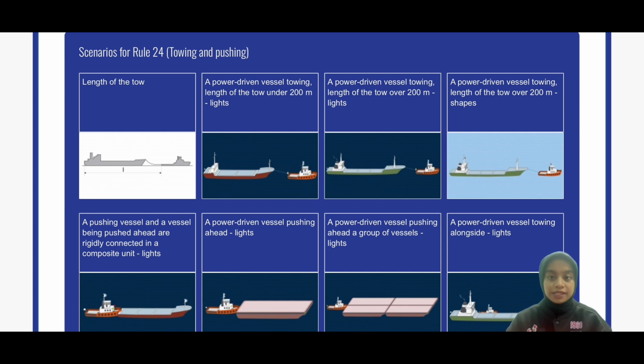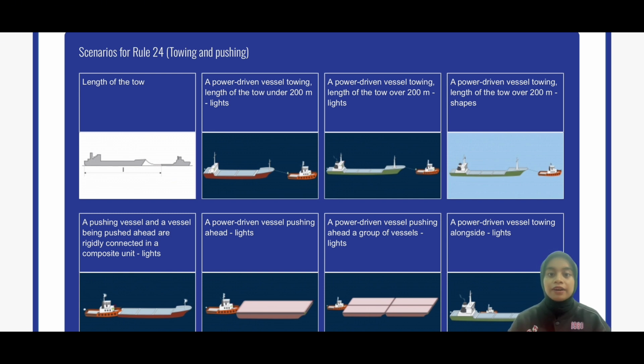A power-driven vessel, when pushing ahead or towing alongside, except in the case of a composite unit, shall exhibit, instead of the lights prescribed in Rule 23A1 or 2, two masthead lights in a vertical line, side lights, a stern light.